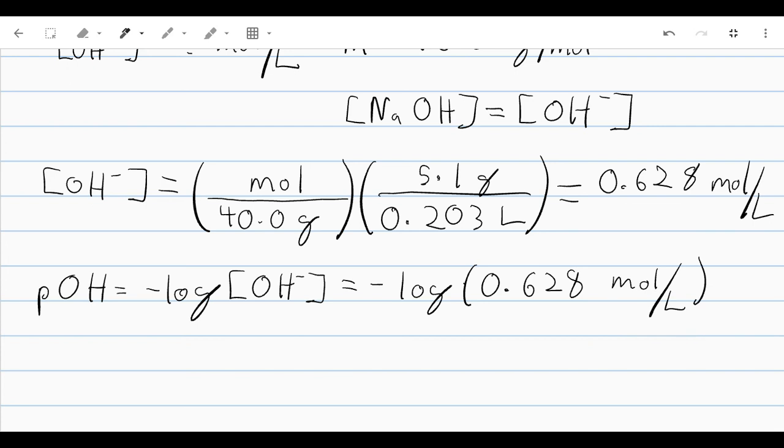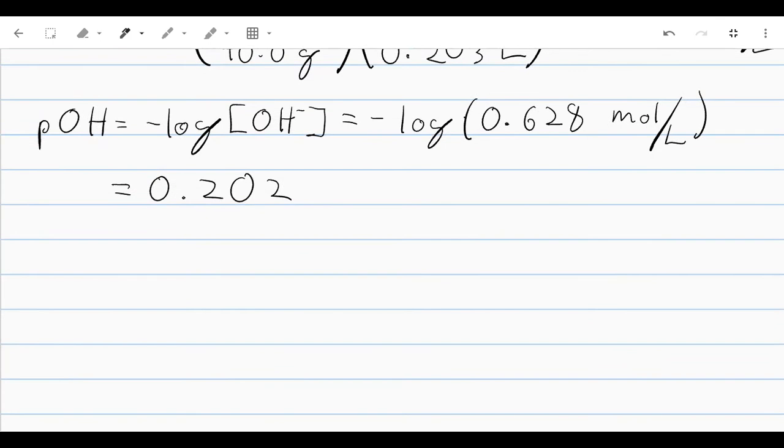The pOH then is going to be equal to 0.202. That number's rounded off. Remember to use all of the digits that you get in your calculator.